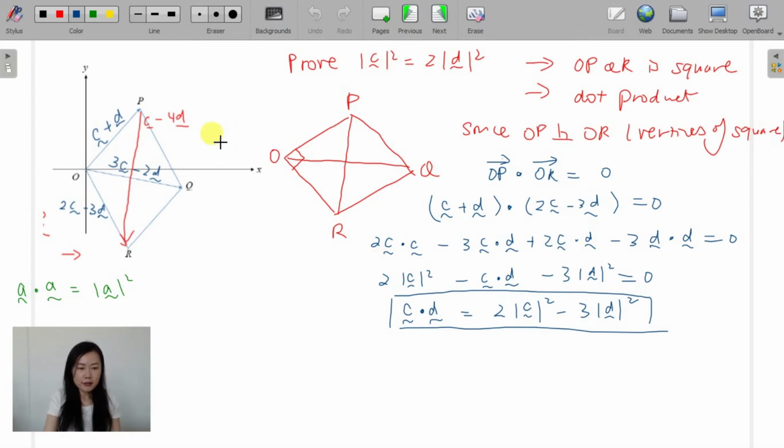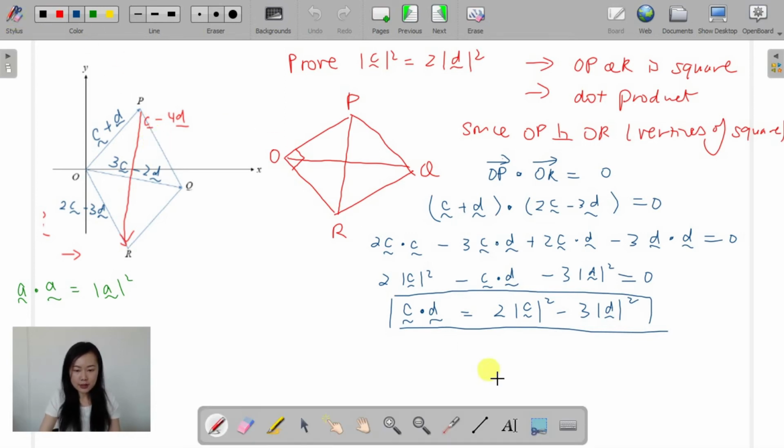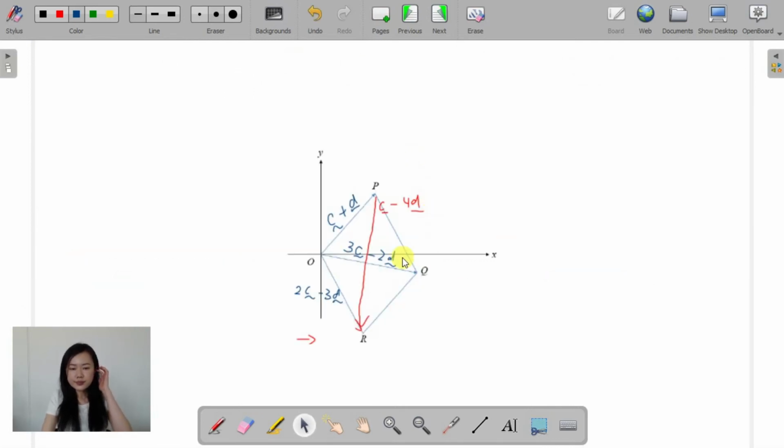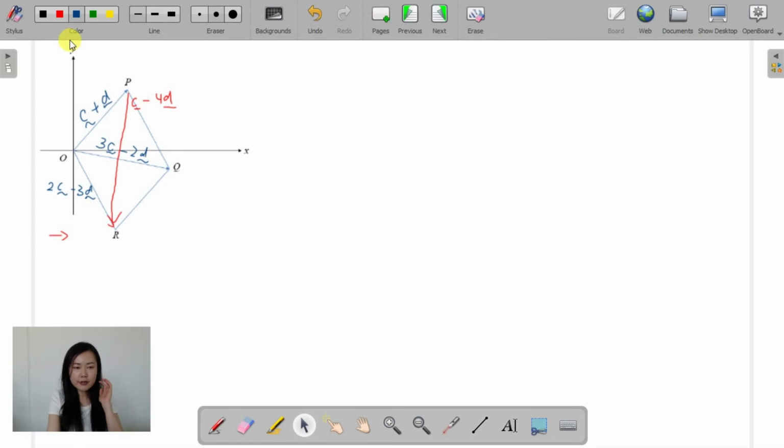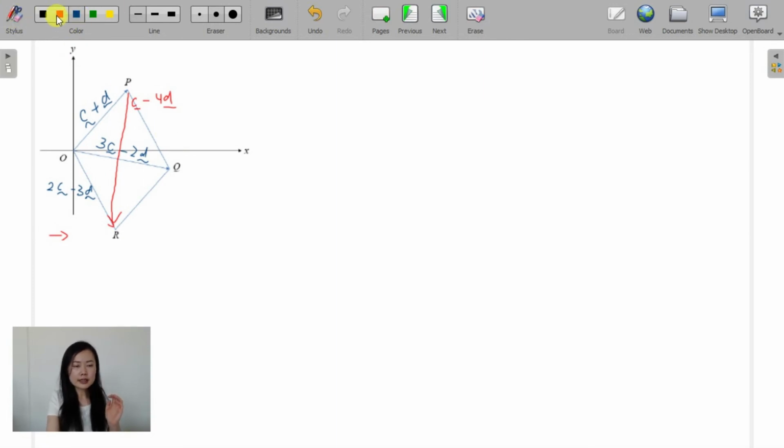So with that in mind, what I'm going to do, I'm just going to again translate this into the next page. So we've got it all in front of us. All right. So the other thing is PR, sorry, should be perpendicular to OQ.